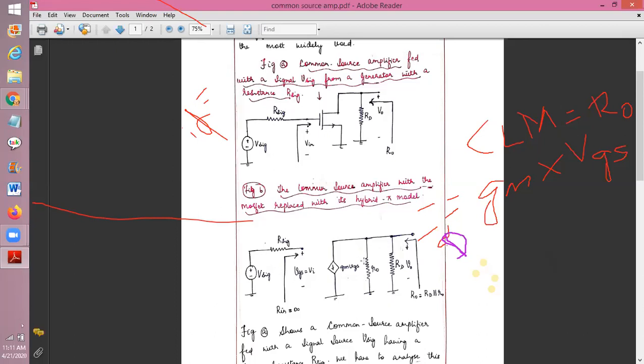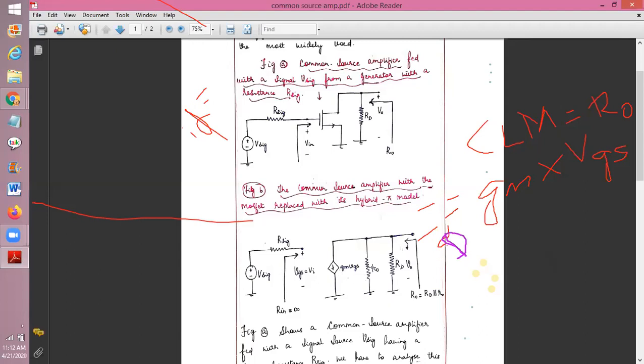Two. They are in parallel: R naught parallel RD or RD parallel R naught. So V naught is equal to I into R, and R is RD parallel R naught. What is I? I is nothing but your drain current ID. So V naught is given by ID into RD parallel R naught.